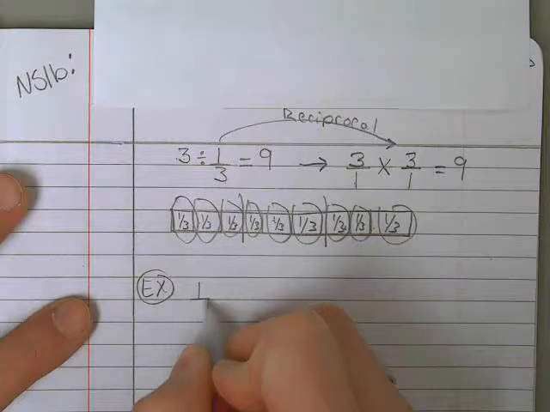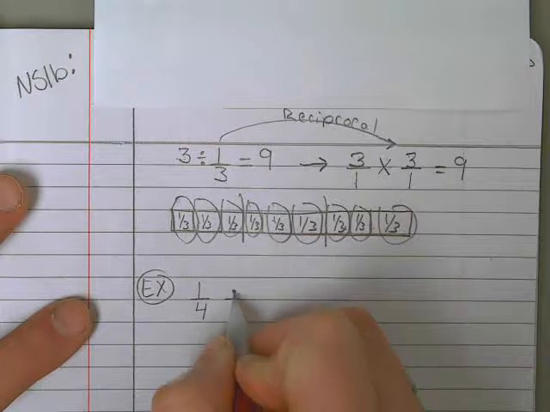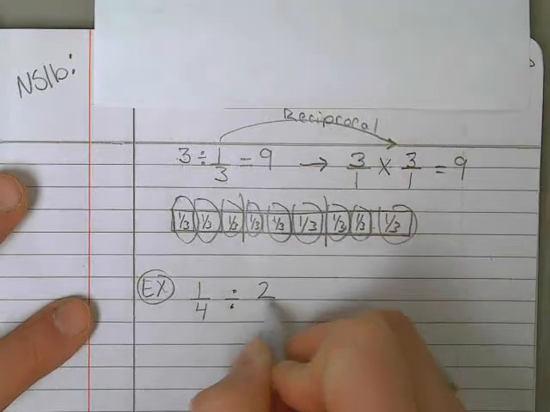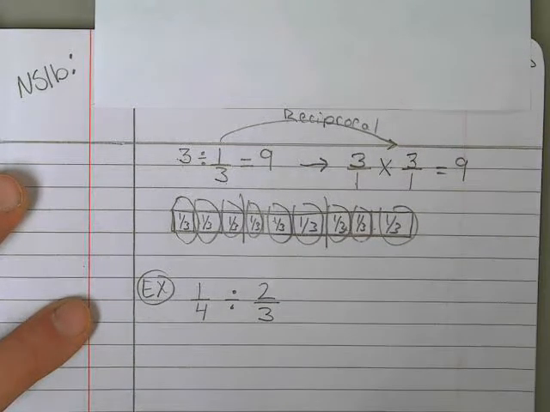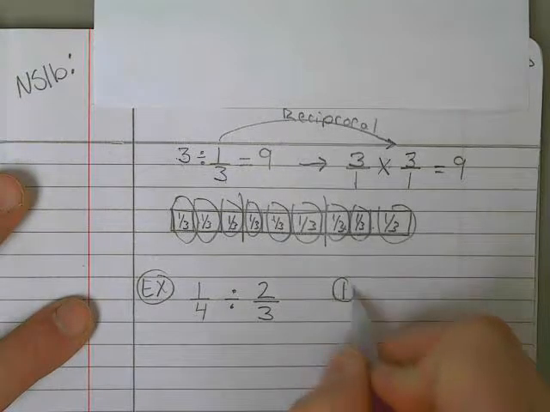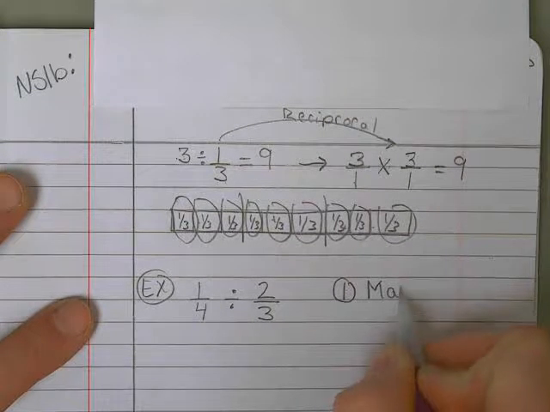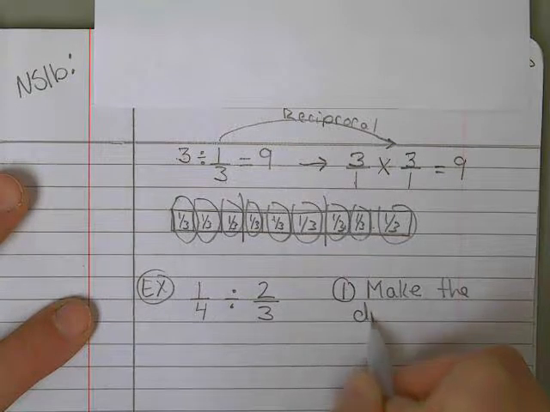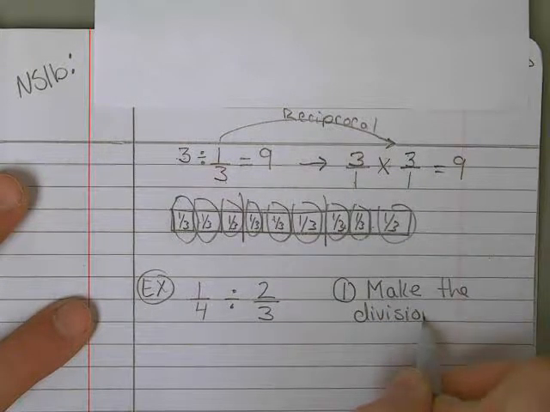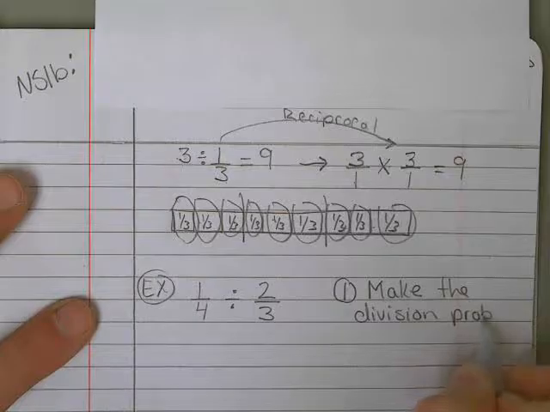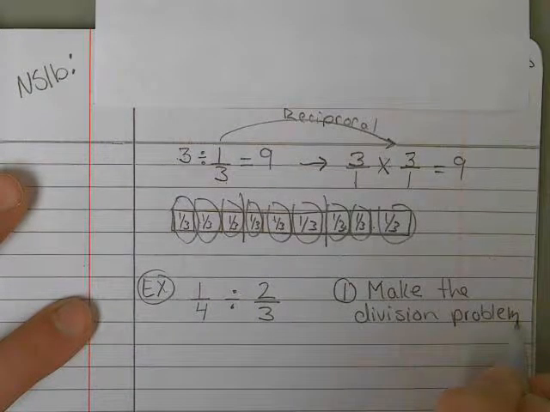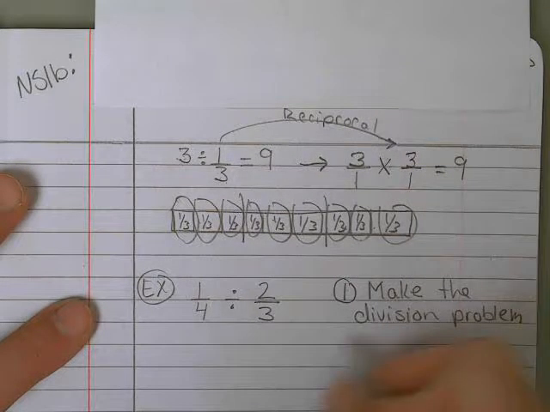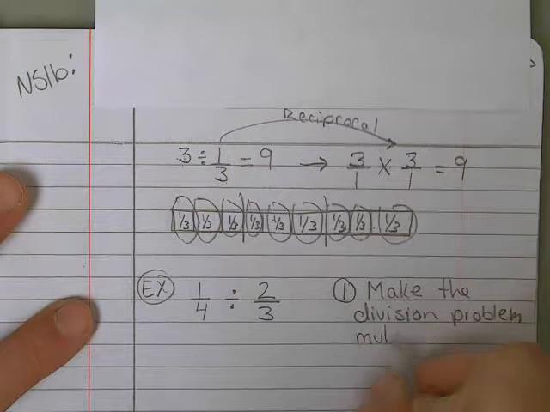So for example, if we have 1/4 divided by 2/3, the first thing we want to do is make the division problem multiplication.